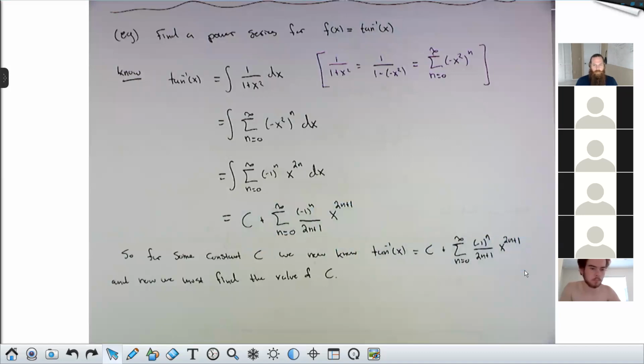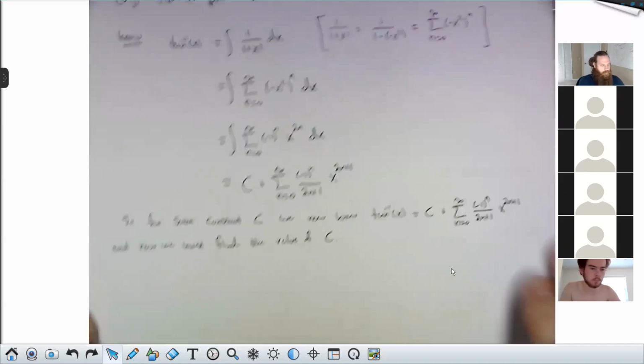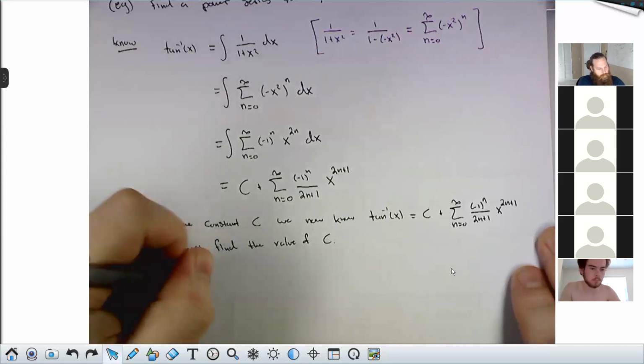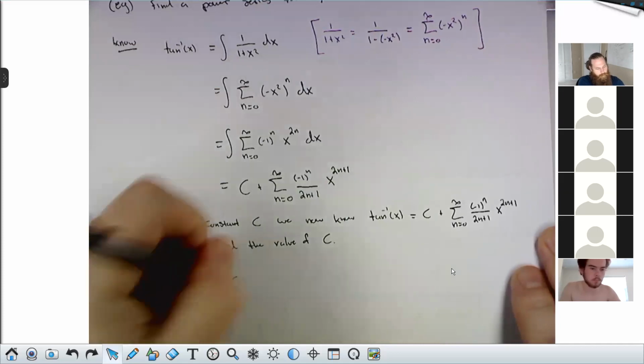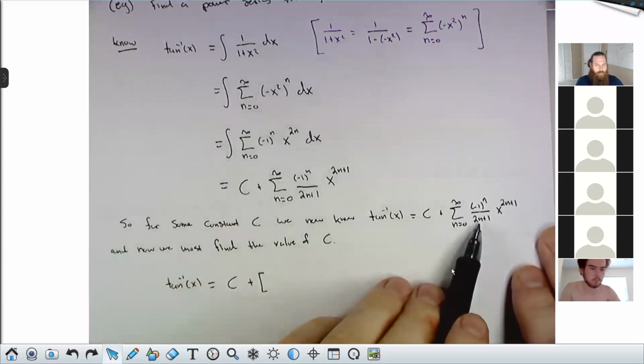The easiest way to do that is to write out this series in the dot, dot, dot notation, get rid of the capital sigma, write it out, and then plug in a particular value of x. So I'll show you what I mean. Tan inverse of x is equal to capital C plus. Now, what are the first few terms of this series?